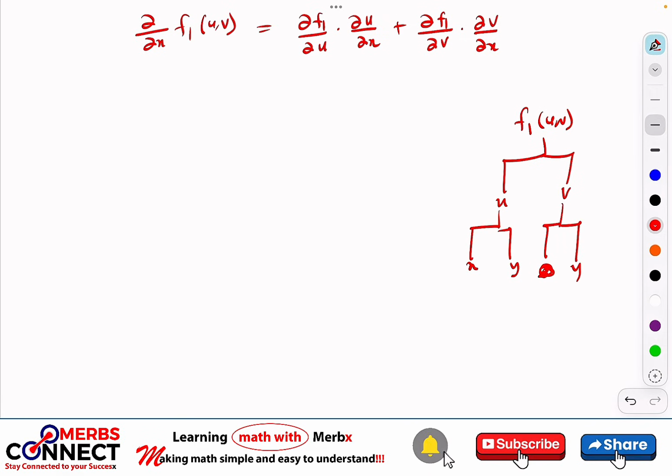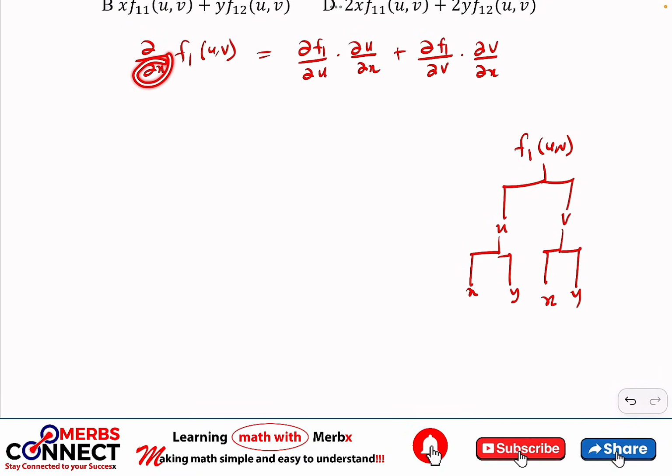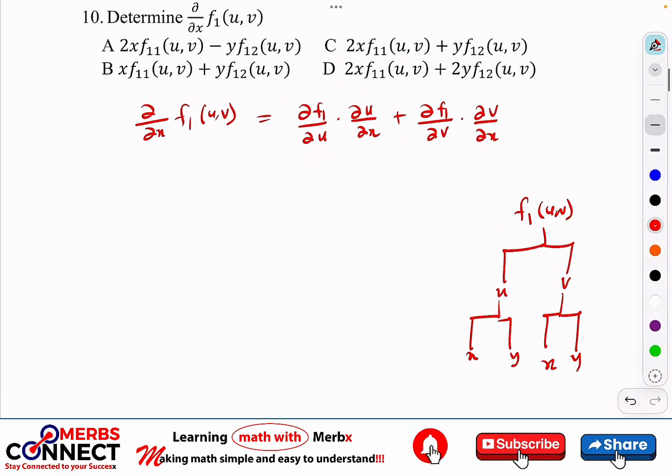If I want to differentiate this with respect to x, first I go to u, and then from u I get to x. So instead of making this one f, now it becomes f1. And to get to x here, I pass through v and then x. So that's basically what is going to happen.